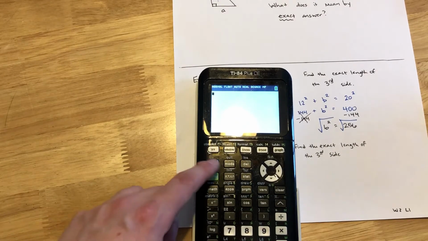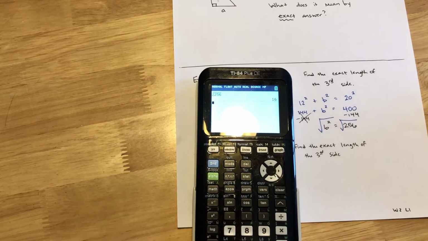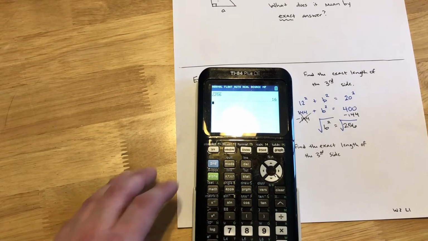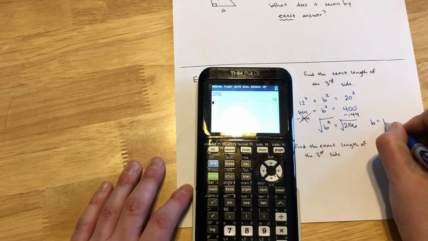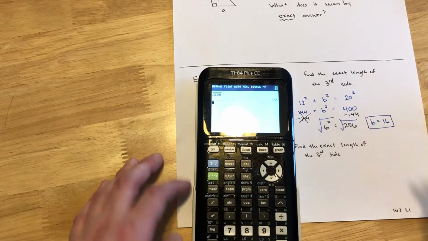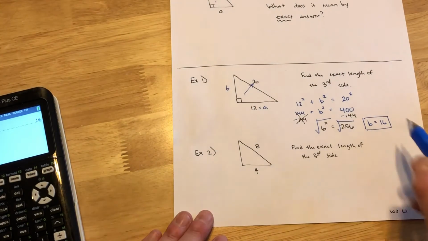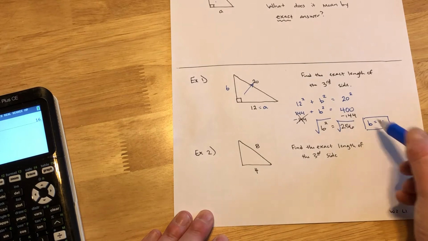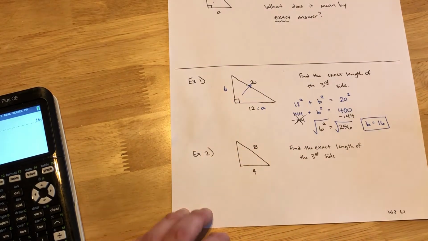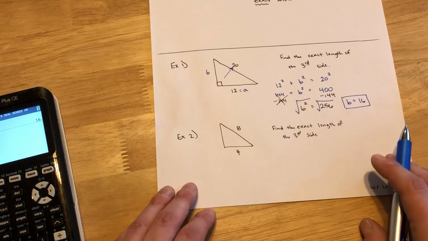If it is, we're done. The square root of 256 is 16. This is a whole number. That is an exact answer. So that's what we would write down for our leg length. And just double check, make sure that leg length is smaller than the hypotenuse value, because the hypotenuse has to be the longest. All right, so what about other problems?